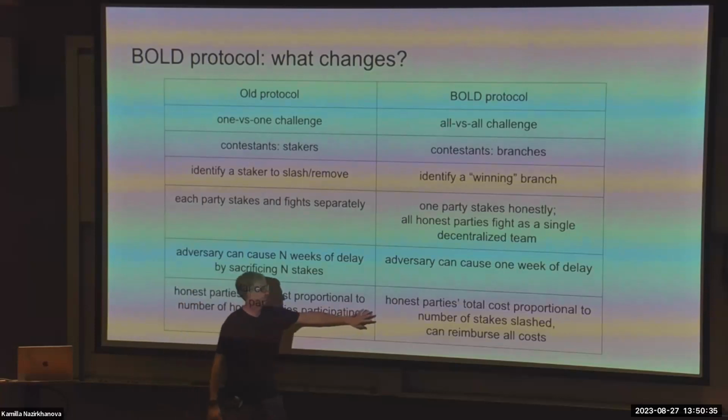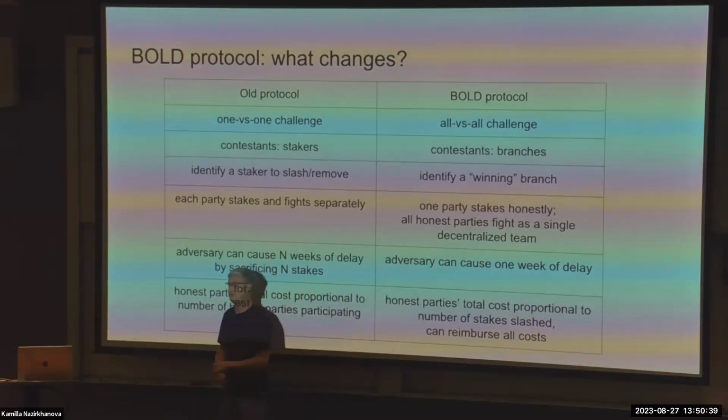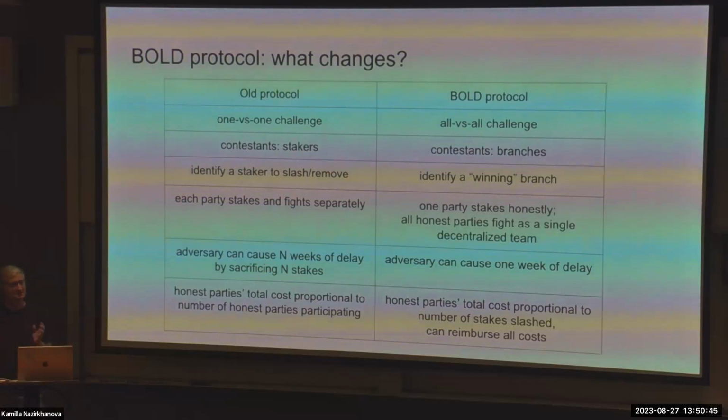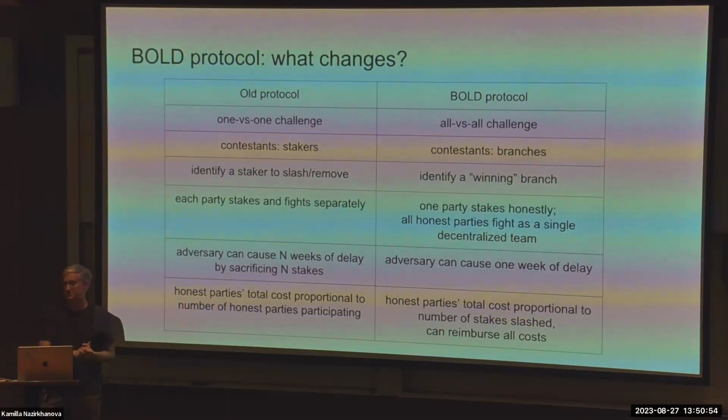Whereas in the new protocol, the honest party's total cost is proportional to the number of stakes they take from the bad guys. And that's not only likely to be a much lower number, but also it conveniently is the case that the amount of cost the honest parties take on that you'd like to reimburse is exactly the same as the number of stakes that you're going to take.